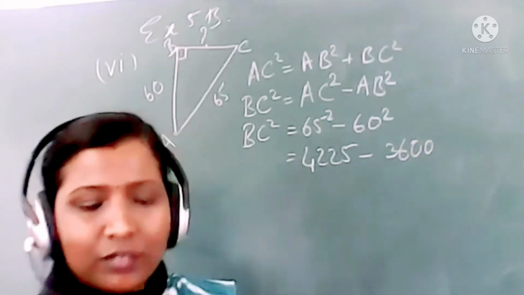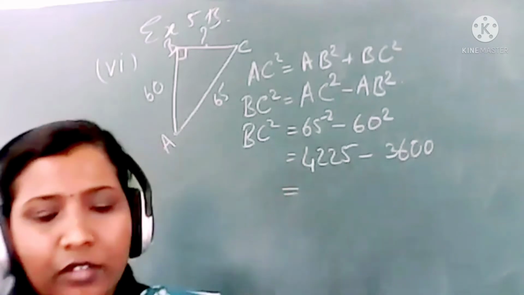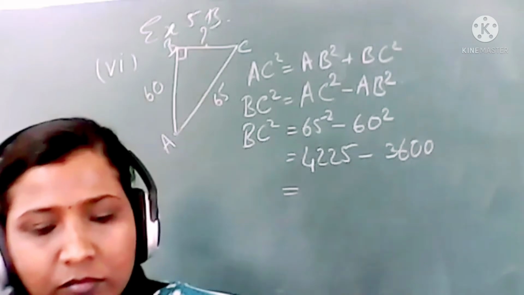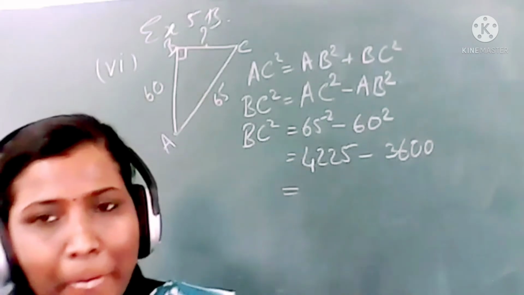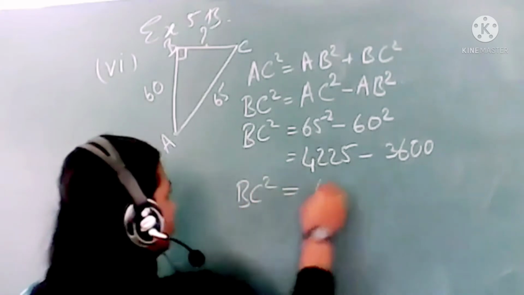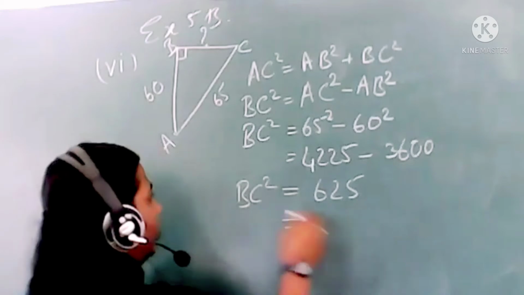Ma'am, 3,600. Okay. Now we have to subtract it. Now what you will get by subtracting? Ma'am, 625. Correct? Okay.